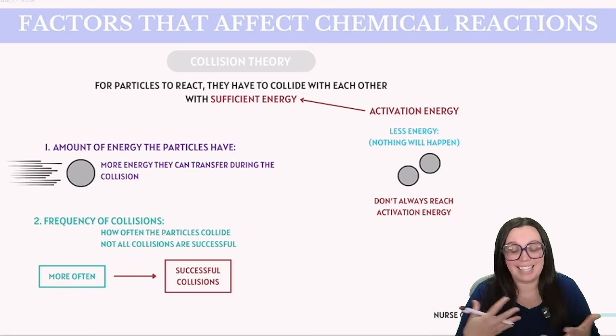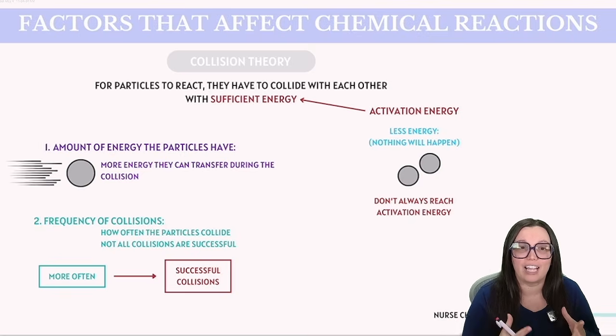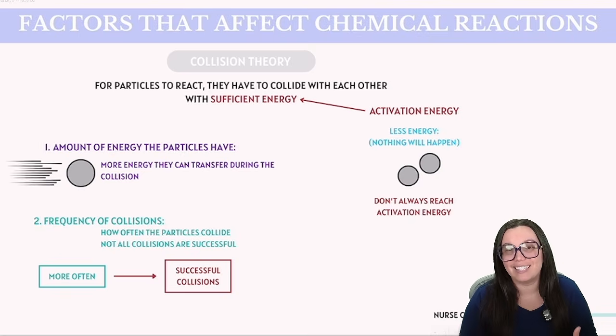When we analyze how these four factors, temperature, concentration or pressure, surface area, and catalyst, are ultimately going to affect reaction rates, it's crucial to consider their impact on the energy of the particles and the frequency of collisions. Enhancing either aspect is going to lead to an increase in the rate of reactions by boosting the number of successful collisions.